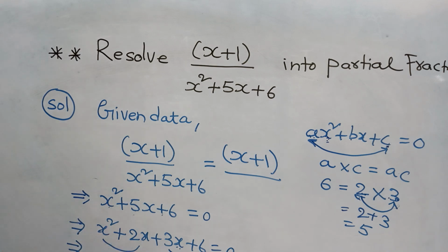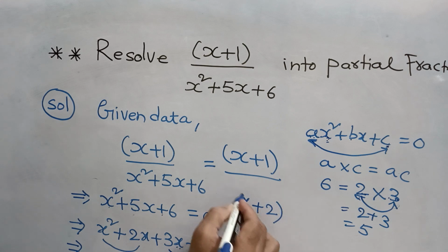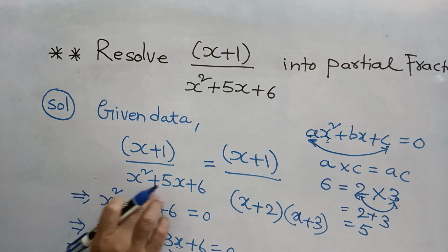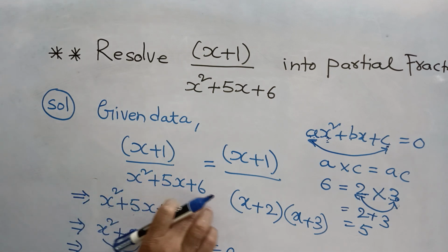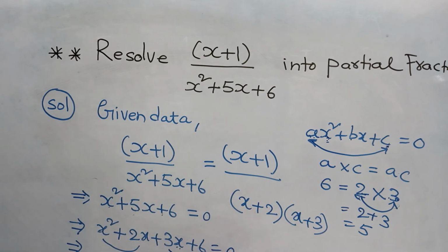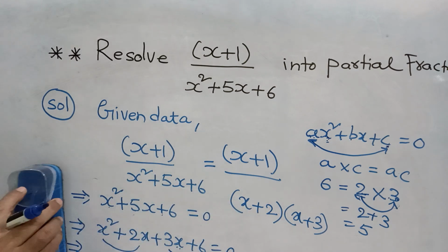Therefore, as it is a second order equation, the roots for this equation are x plus 2, which is already there in the bracket, and the another you should consider as x plus 3. Okay, therefore whatever expression is given in this form, I have to convert in this form, in its roots form.